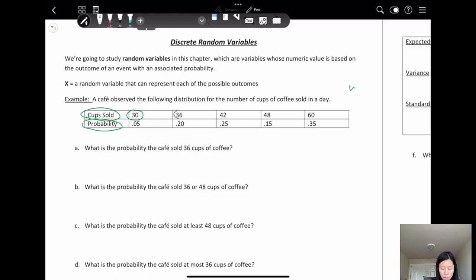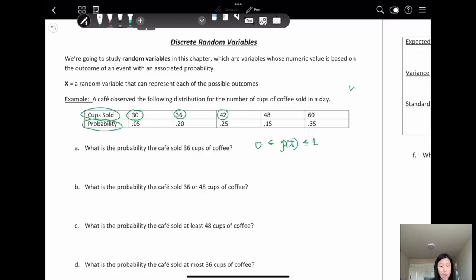The chance of selling 36 cups of coffee is 0.20, which is 20% probability. And the probability of selling 42 cups of coffee is 0.25.